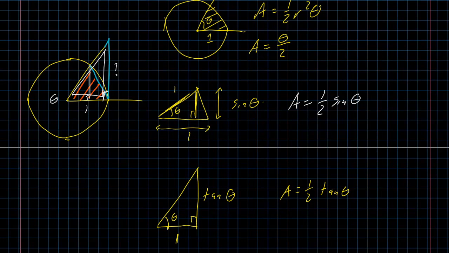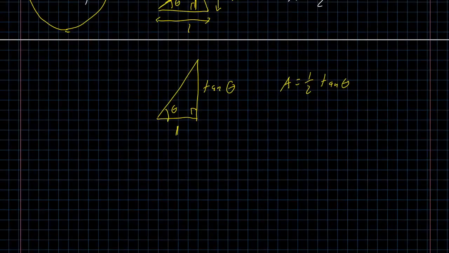Ordering these three triangles, or these three areas, we have an area that was formed by taking the sector and drawing a straight line, slivering some of it off. So 1/2 sine theta must be less than or equal to 1/2 theta.